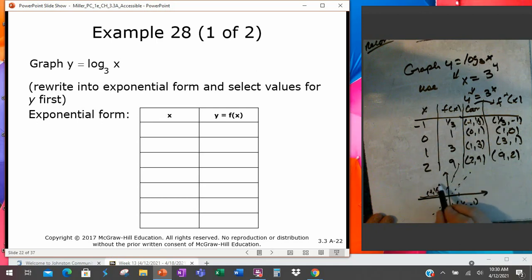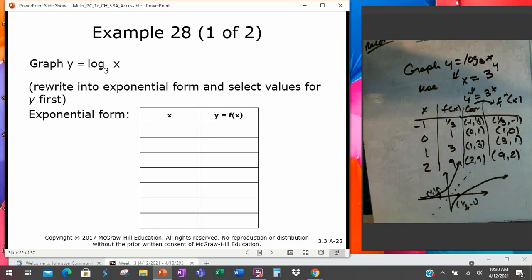This is 0, 1, goes to 1, 0. 1, 3 goes to 3, 1. And then 2, 9 goes to 9, 2. There and there. Okay.